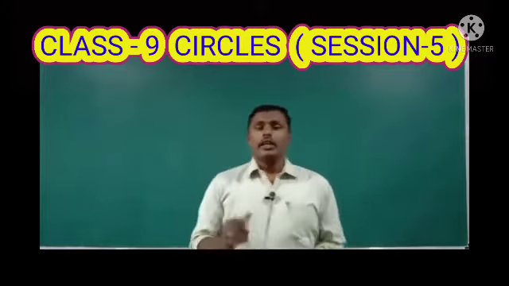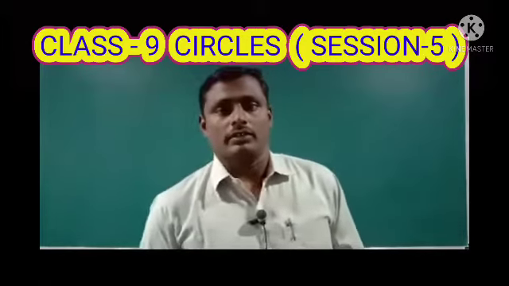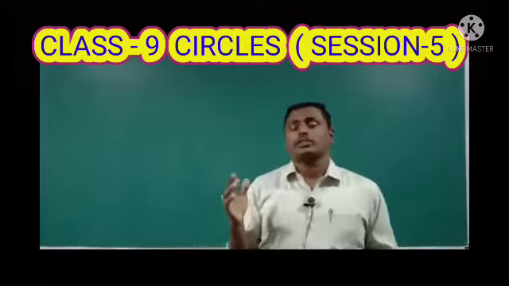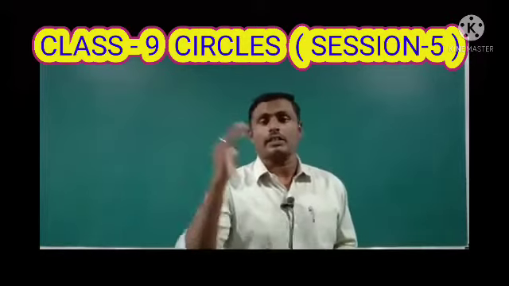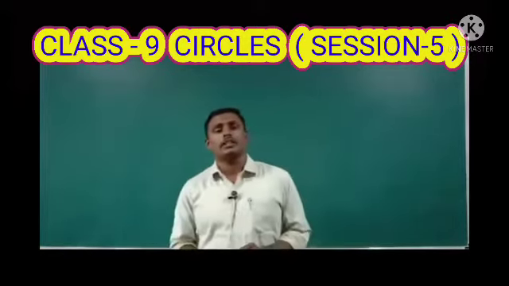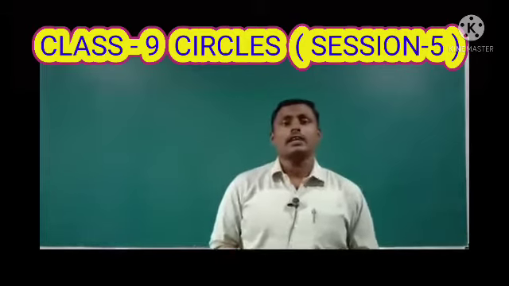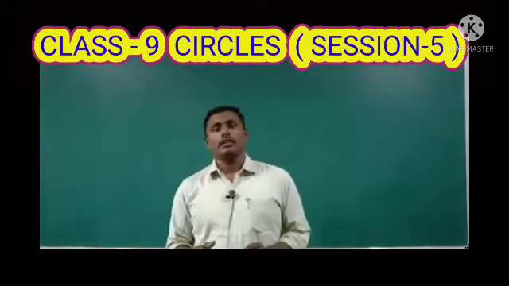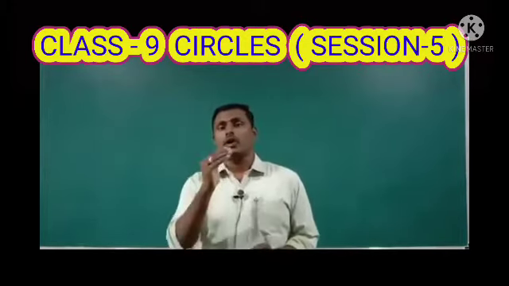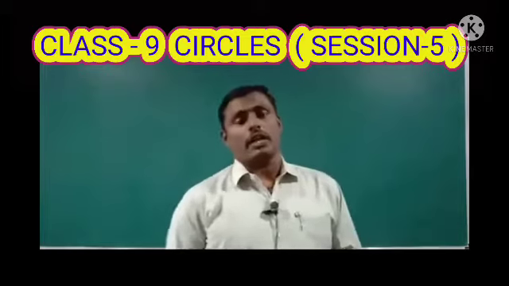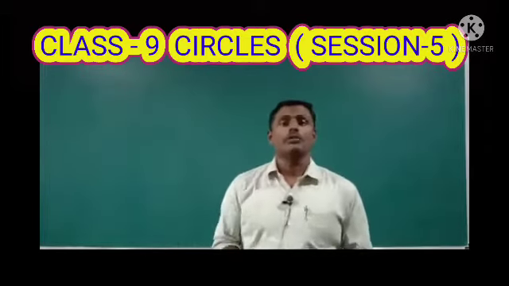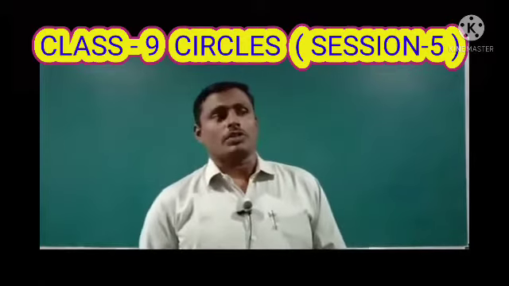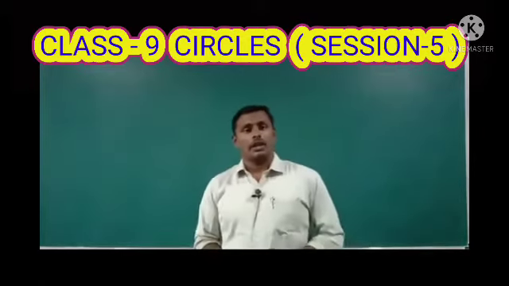Next one, cyclic quadrilateral. We already learnt about the cyclic quadrilateral. When the four vertices of a quadrilateral lie on the circumference of a circle, we call it a cyclic quadrilateral. In a cyclic quadrilateral, the sum of each pair of opposite angles is equal to 180 degrees.